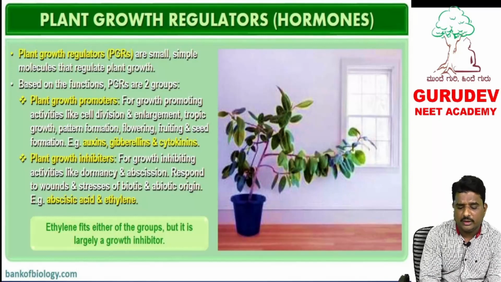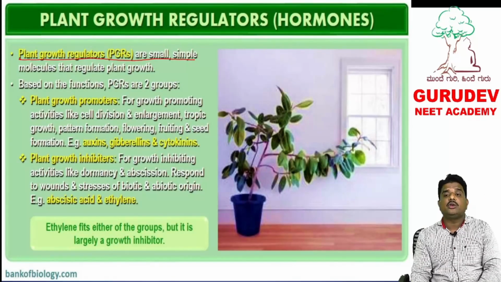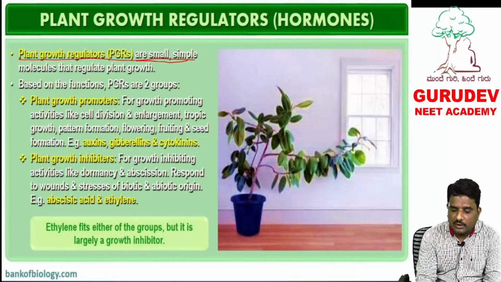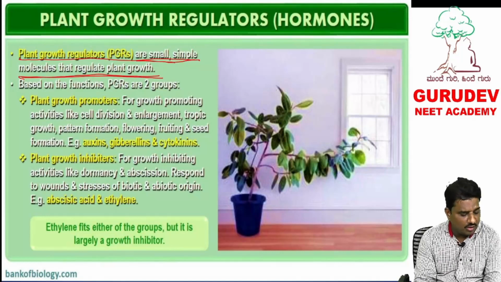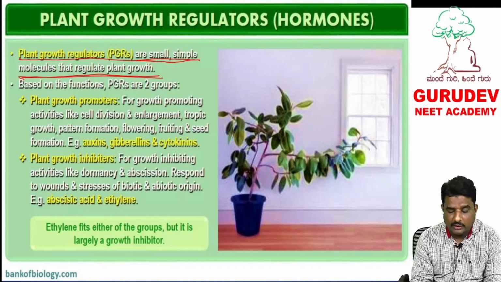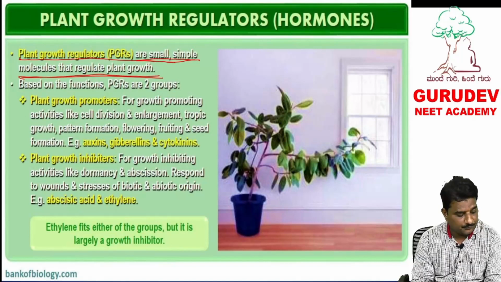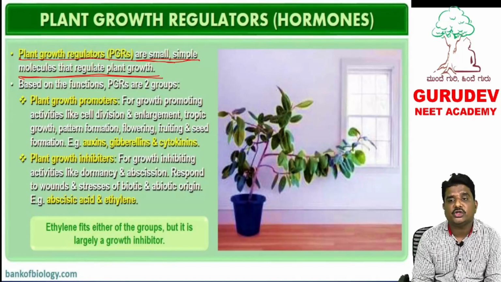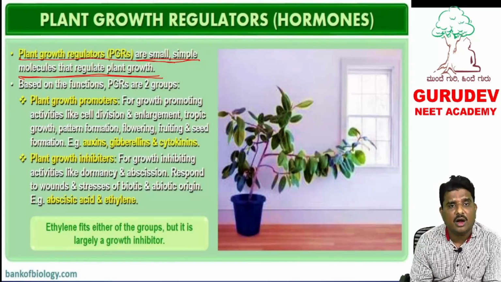Okay, now we have to study plant growth regulators. These are intercellular factors, as I said: auxin, cytokinin, gibberellin, like that. These factors are small, simple molecules that regulate plant growth, and they have diverse chemical composition.